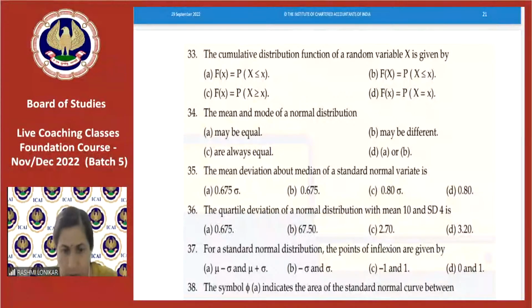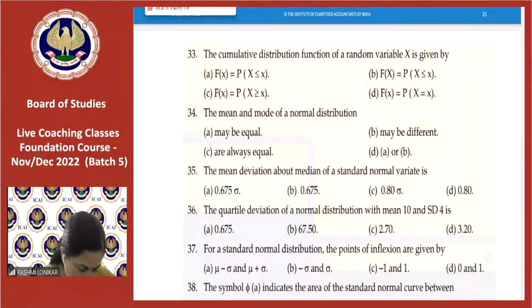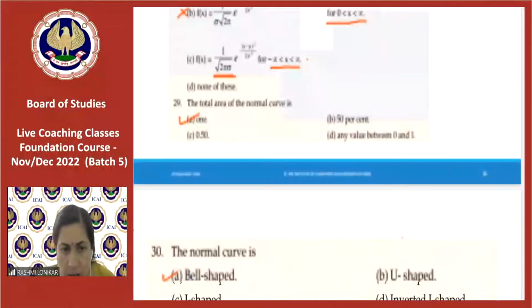So 33rd. Yes, we have just done the properties, right? Cumulative distribution function. Remember, we wrote it down.